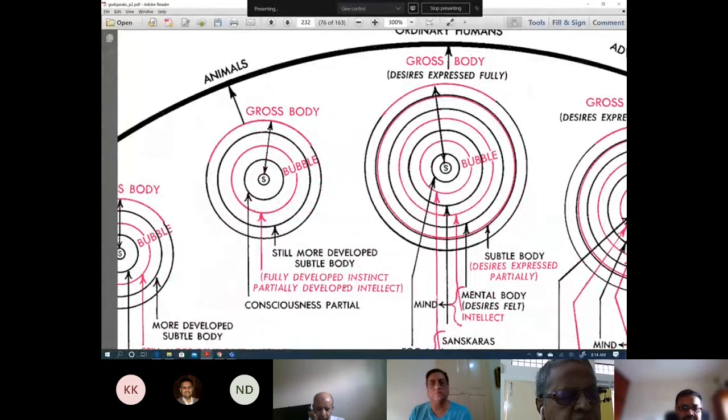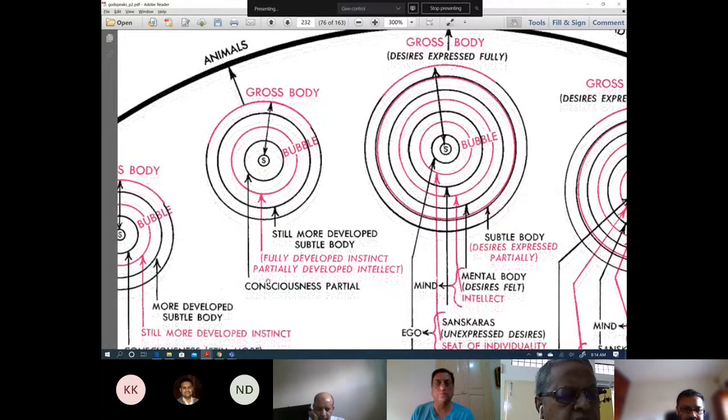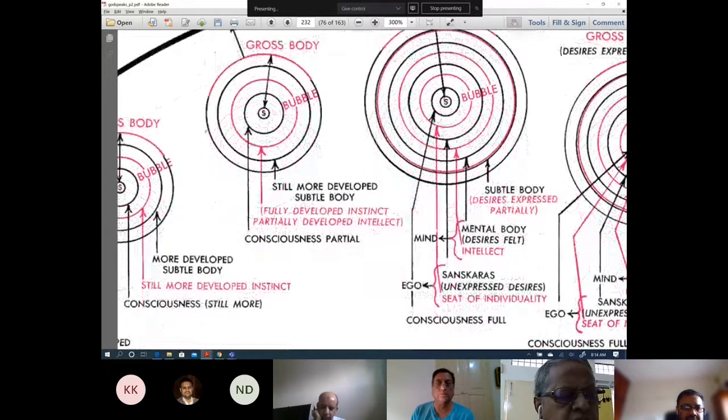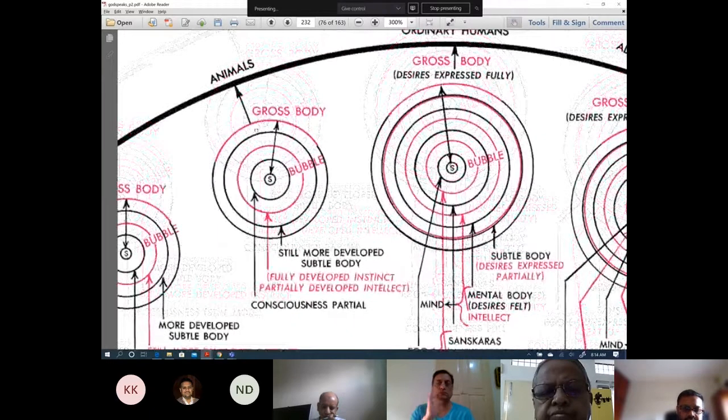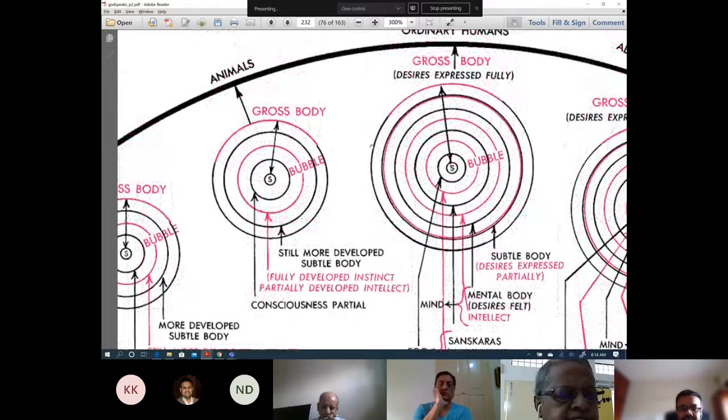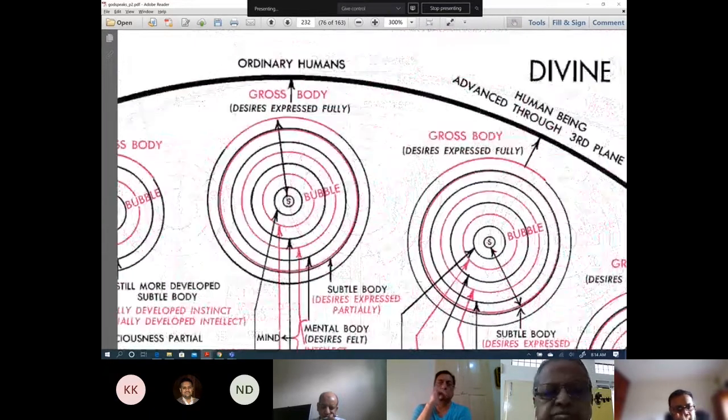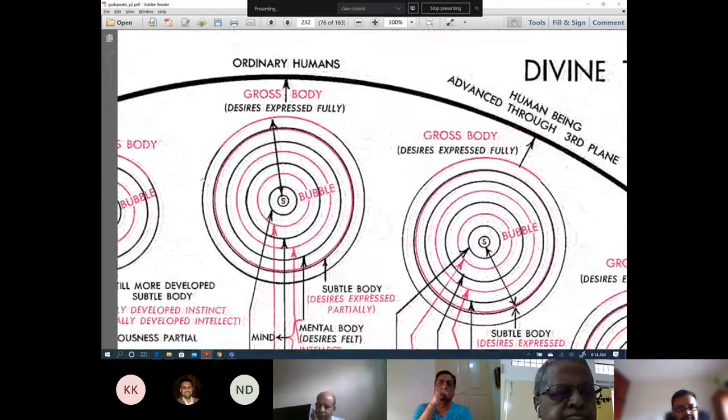So what started in the vegetable as just the seed of instinct, fully developed instinct, partially developed intellect, and then consciousness is partial. Though it is increased even at the animal stage, this is only a partial consciousness. From there, there are two stages on the human, multiple.